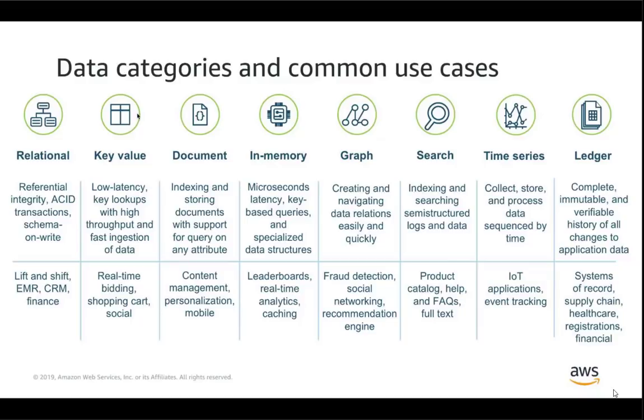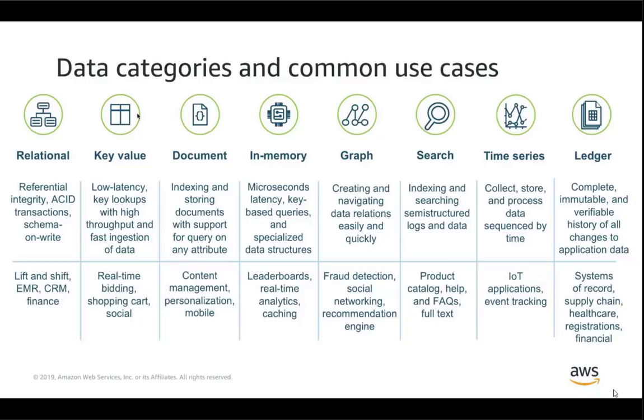Each of these data models is built for a specific purpose. They each have their own specific use cases, and they were designed to fit where another database might not be the right tool for performance, scale, or functionality. So we're going to go through each of these data models today and talk about what makes them unique and different.